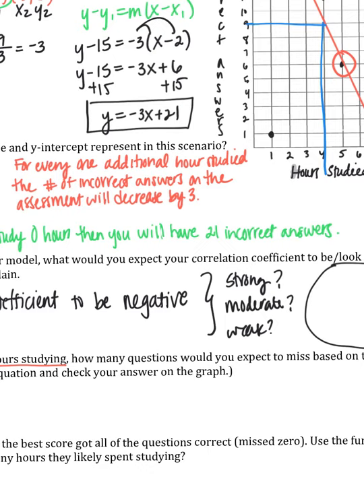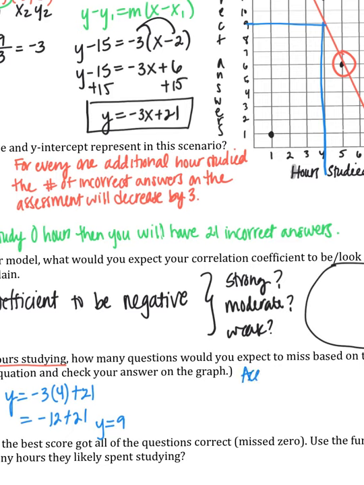Let's use the equation to check, okay? I'm spending 4 hours studying, x is 4. We're gonna plug in 4 for x and see how accurate my guess and check was with my graph. This is negative 12 plus 21. And sure enough, I get y equals 9.